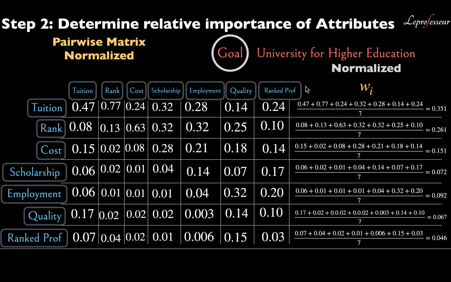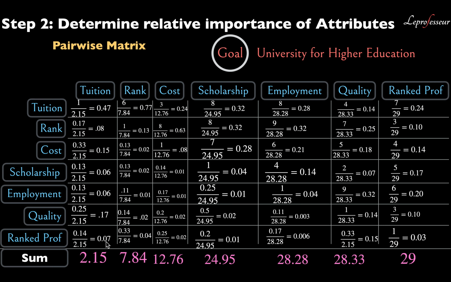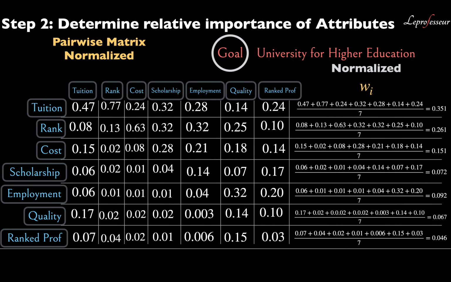Now the next step is to get the normalized weight of each criteria. And how do we do that? We take a sum of each row this time. Previously we took the sum of each column. Now in this step, to get the normalized weight of each attribute or criteria, we sum the row and then divide by how many criteria we have.